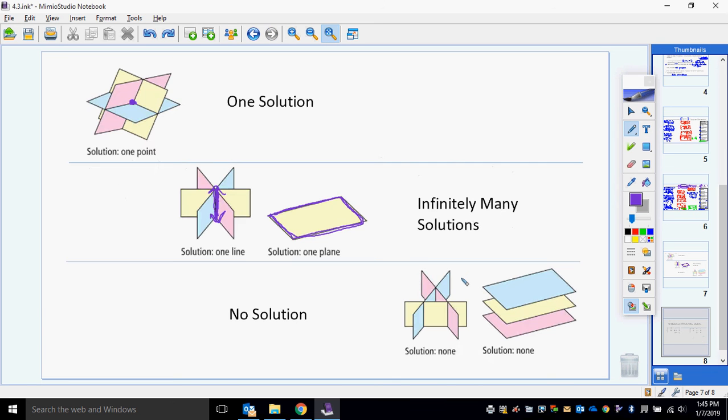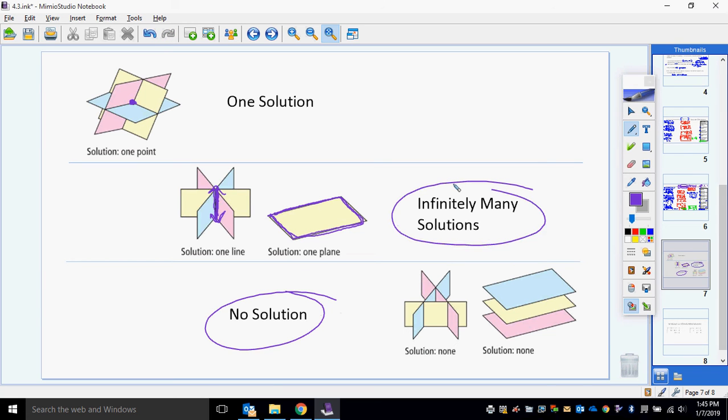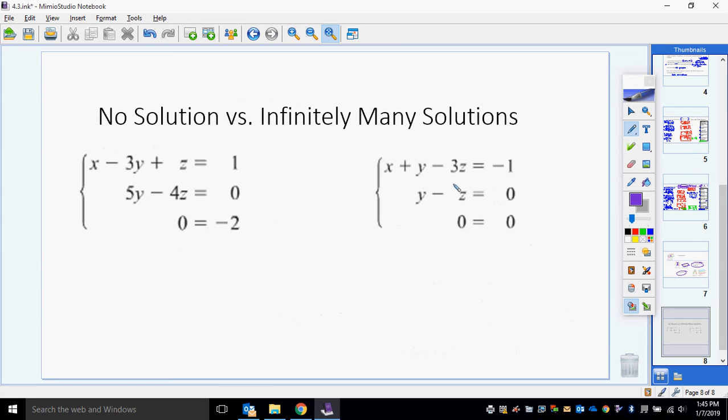Now, what does that look like, right? I showed you visually what no solution is and what infinitely many are, but algebraically, what does that look like? So this, when you get a system and you have a number equals another number and they don't match up, again, we've seen this before, that's going to be no solution.